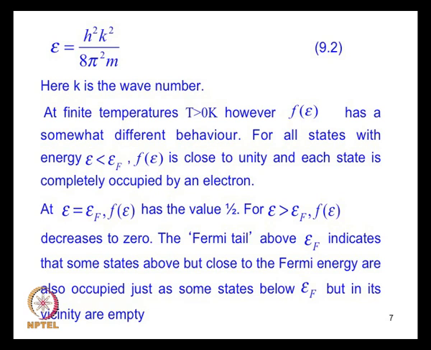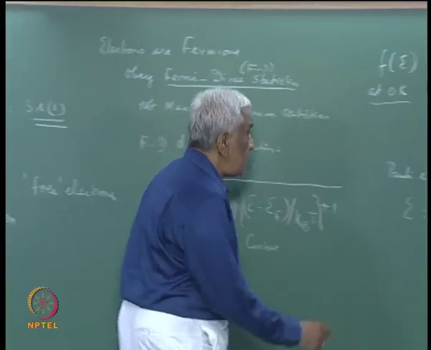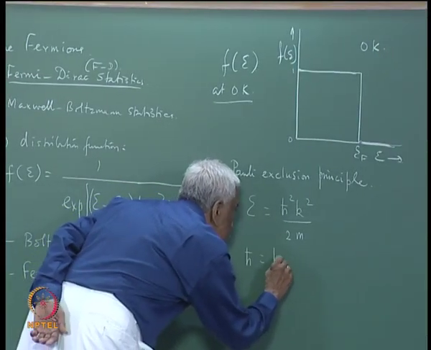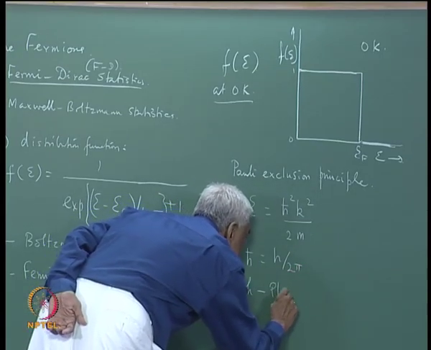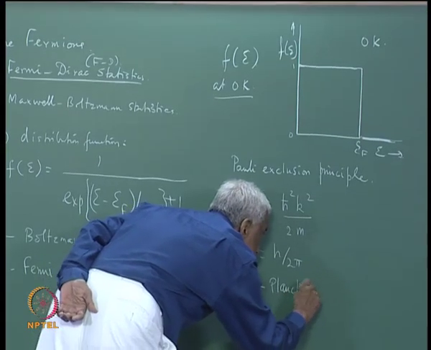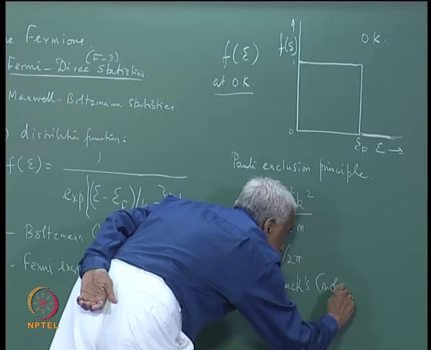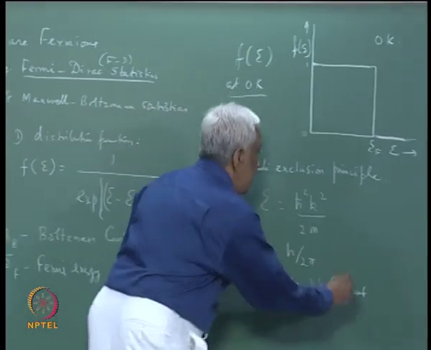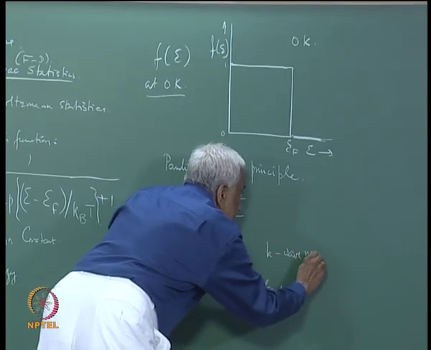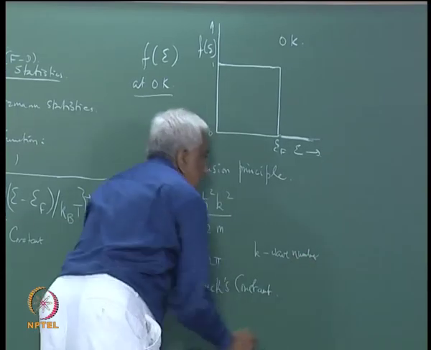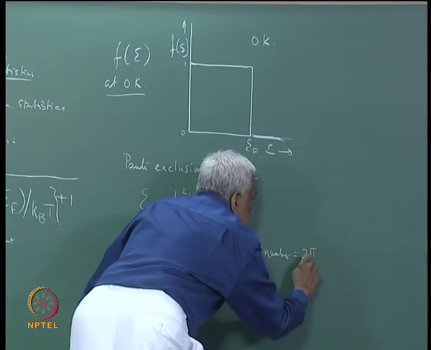But the spatial energy of these electrons is simply given by the kinetic energy, which is ħ²k²/2m, where ħ is h by 2π, h is the Planck's constant, k is the wave number, which is equal to 2π/λ.